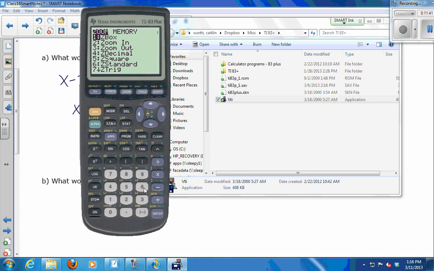And I'll just start with the standard window, zoom 6. And it looks like I don't need a lot of the stuff on the left or down below the x-axis. So I'm going to change my window a little bit. Maybe I'll do like -2 to 20, and -2 to 20.